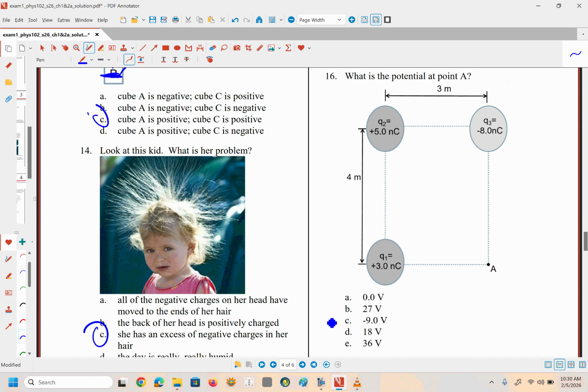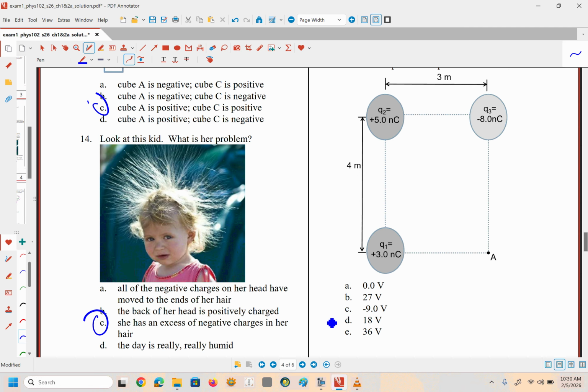Here, what is the potential at point A? Okay, I'm going to make it a little simpler. I know that potential is KQ over R, and I'll just write it out normal.